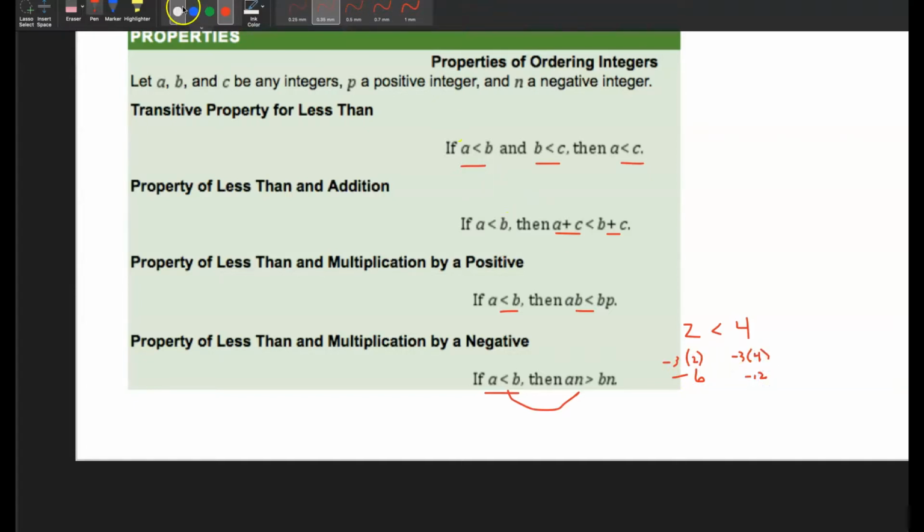And when I multiply both sides by a negative, to keep the statement true, I have to flip the signs, right? In order to keep the statement true, you flip the inequality signs. Oh, it's not the wrong way, sorry. -6 is bigger than -12. Flip signs to keep it the same.